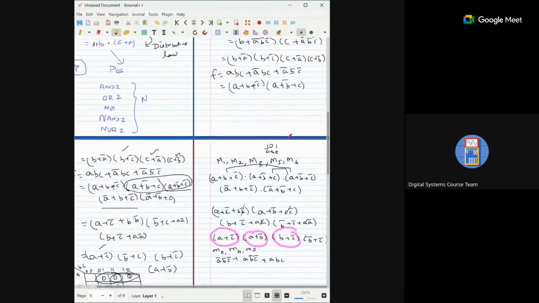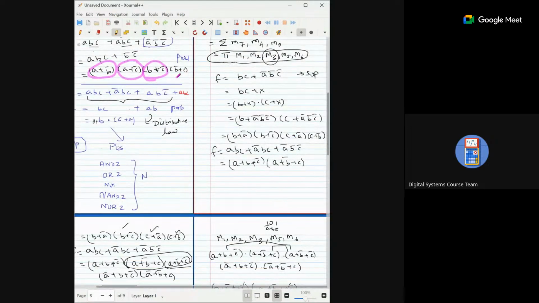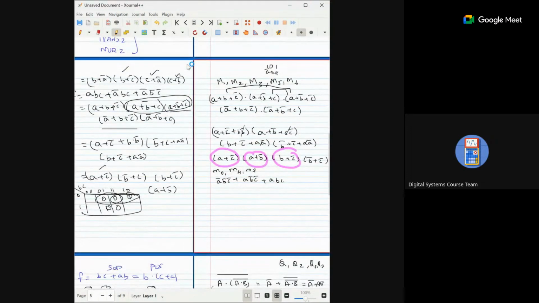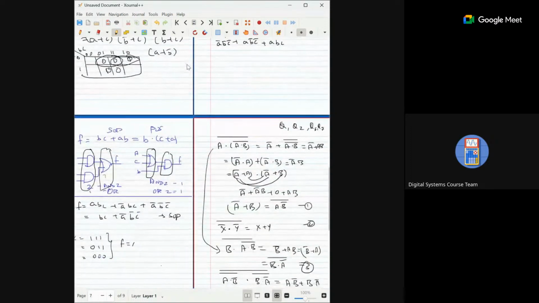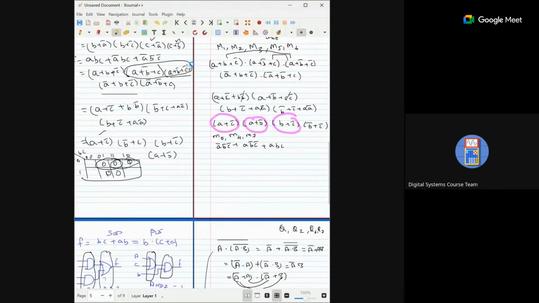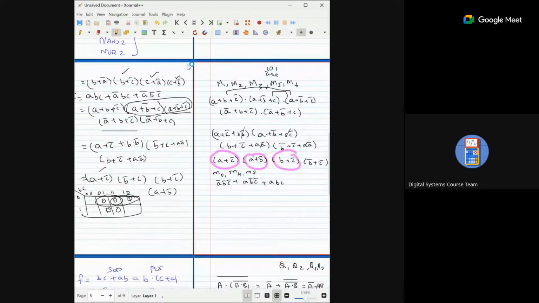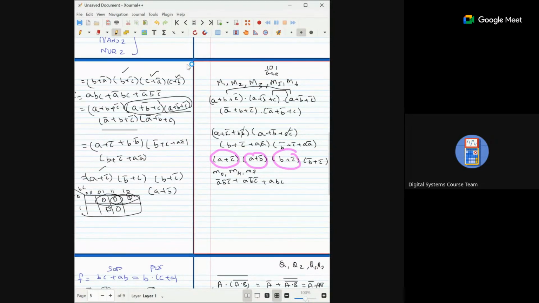And the final term is B bar plus C. Again, where is the mistake? It should not happen.